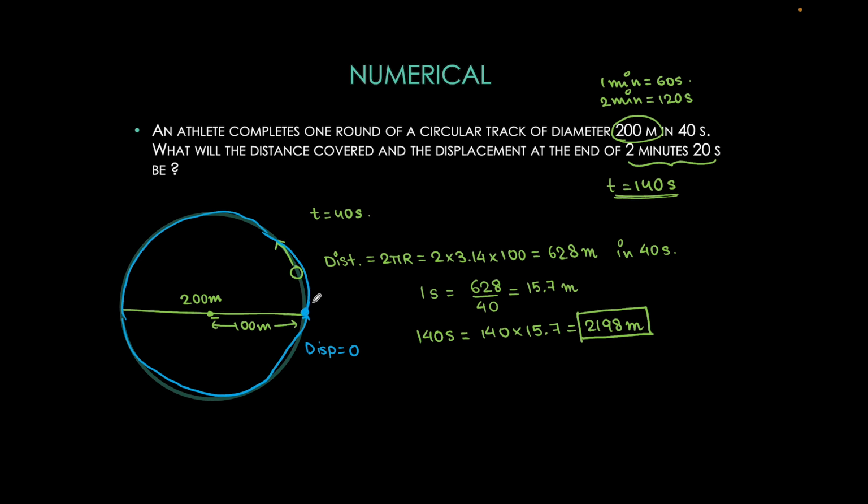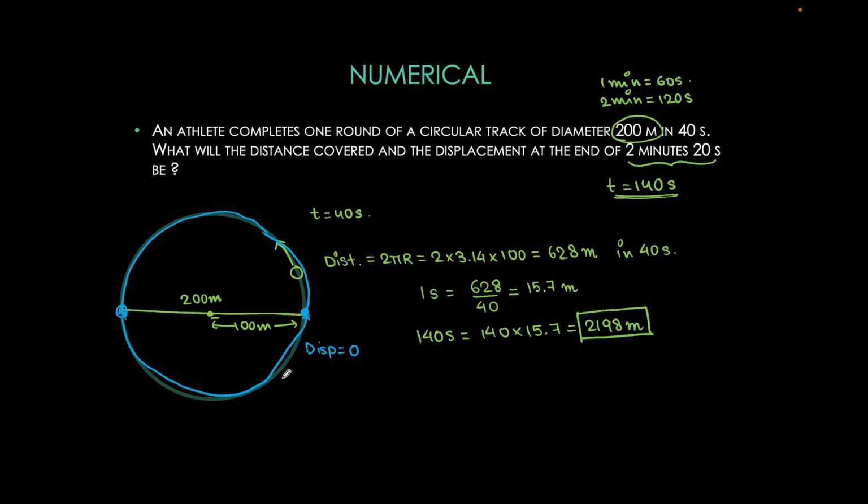But now, in the next 20 seconds, the athlete goes from here and reaches here, right? Now, as I told you, the definition of displacement, the displacement is the shortest distance between the final point and the initial point. So what is the direct shortest distance between the final point and the initial point? It is obviously the straight line distance, right?